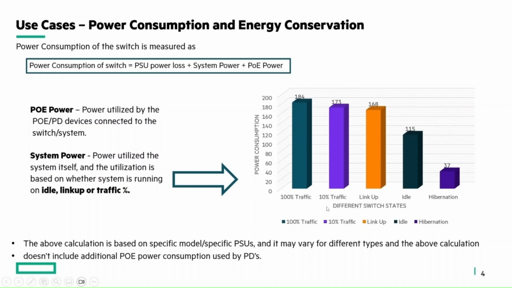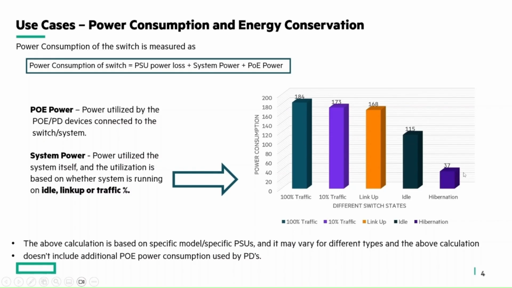If the switch is running with 10% of the traffic, the nominal power consumption will be 173 watts. If the switch is up and in idle state, the power consumption will be 115 watts. And if the switch is up, links are up and connected, but there is no traffic flowing across the switch, the power consumption will be 168 watts.